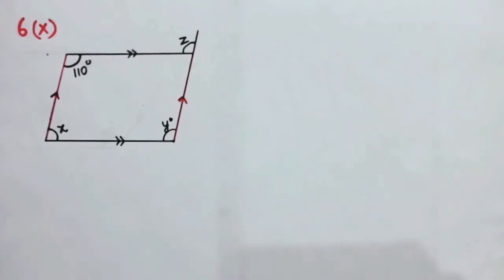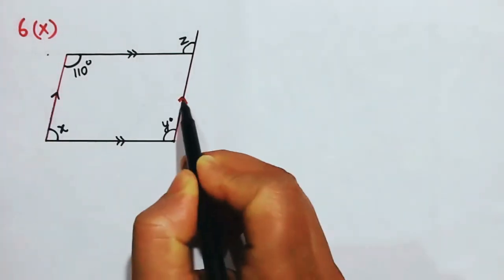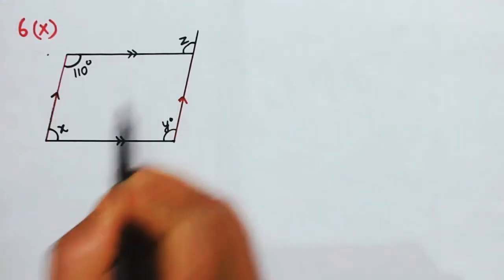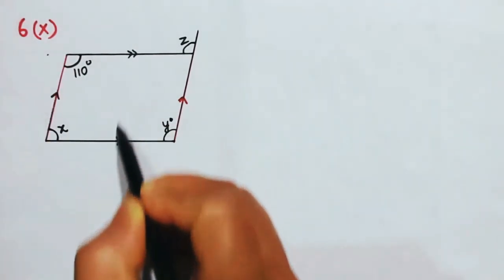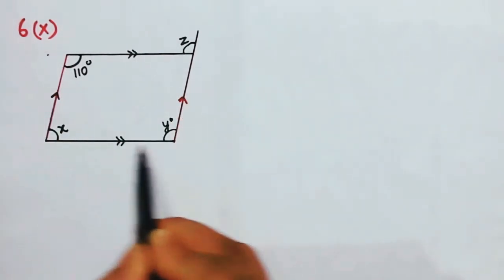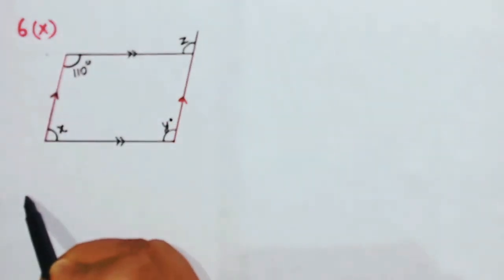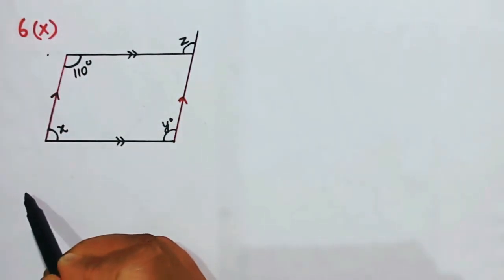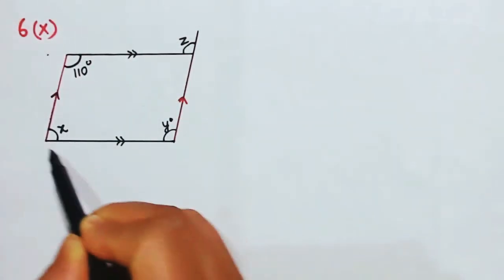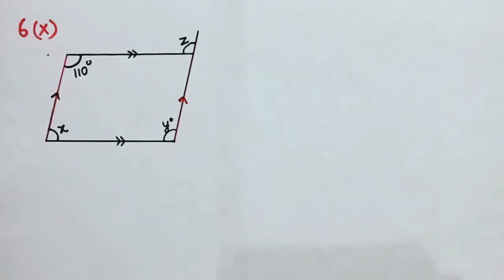I find that these two red lines are parallel to each other, and these two black lines are also parallel to each other. So when these two lines are parallel, this line and this red line become the transversal, and when these two lines are parallel, these two black lines become the transversal, isn't it?